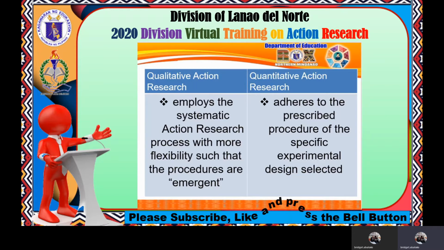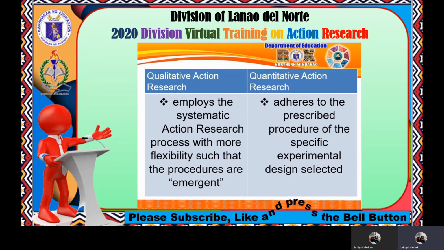Another is that the responses to the questions are free-flowing discussion. When you say free-flowing discussion, they can make use of the vernacular when they answer the questions. On the other hand, quantitative action research adheres to the prescribed procedure of the specific experimental design selected.